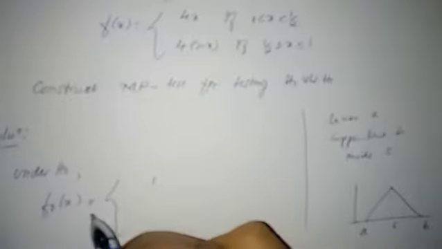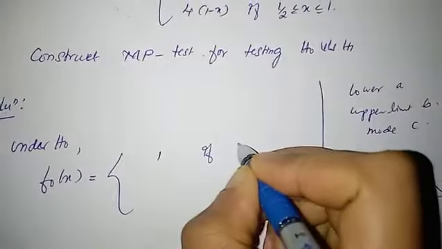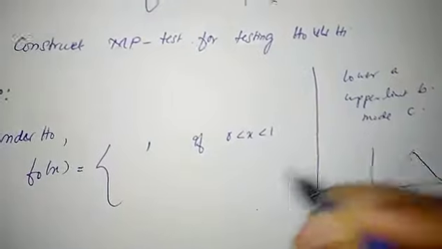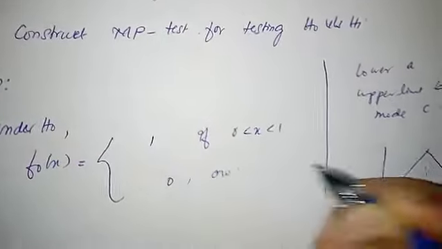That is, f0(x) = 1 if 0 < x < 1, and 0 otherwise.